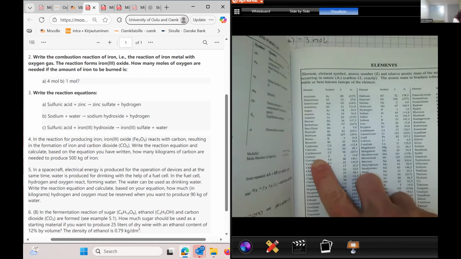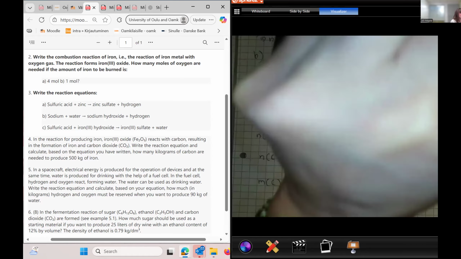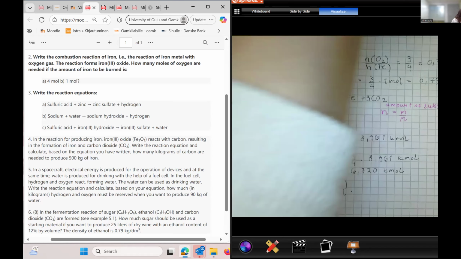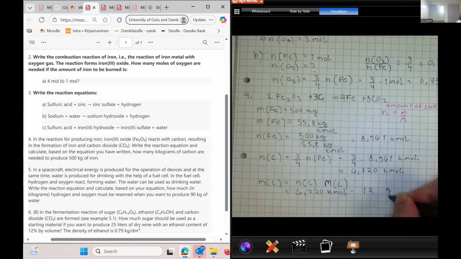And I can multiply it with the carbon molar mass, which was here again, carbon there, which is 12. 12 grams per mole or kilograms per kilomole. Yes.